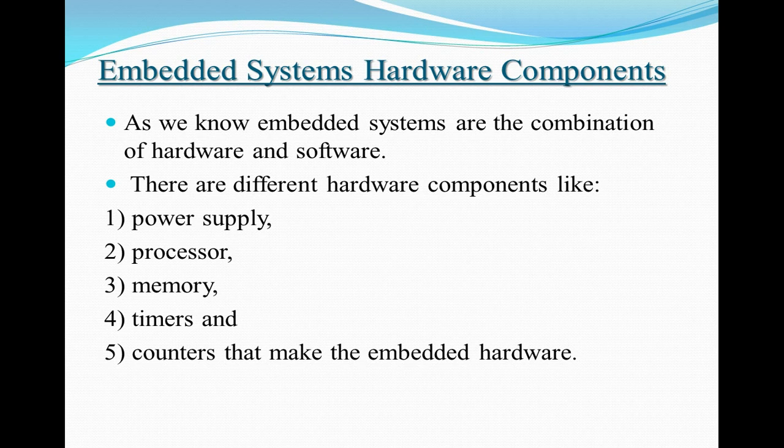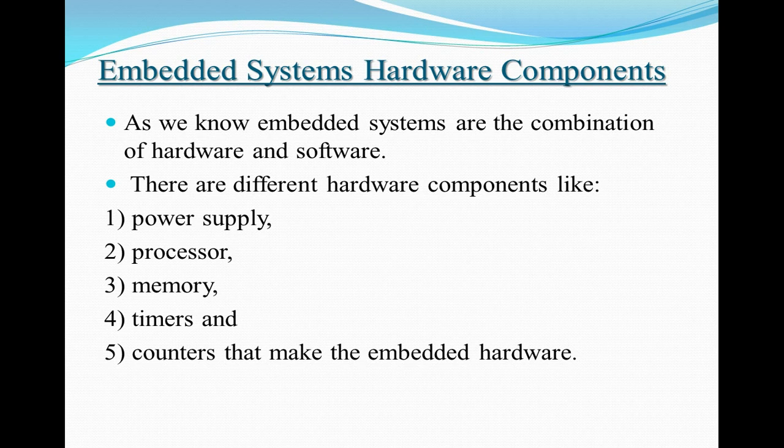Now, the embedded system hardware components. We are going to see them in detail. As I told you earlier, an embedded system is a combination of hardware and software. There are different hardware components which require the power supply, the processors, the memory, and the timers and counters that together make the embedded hardware.